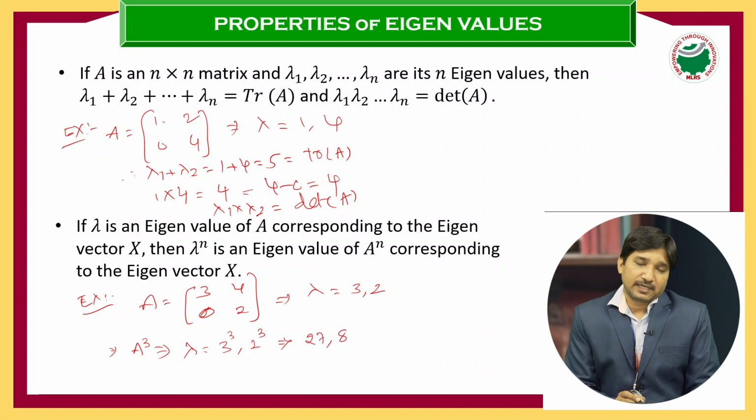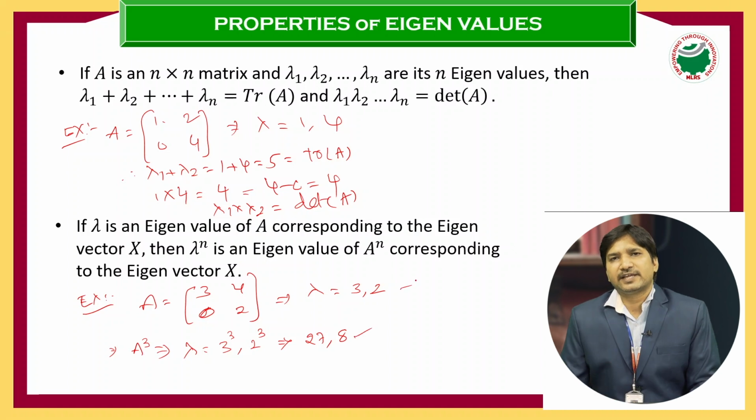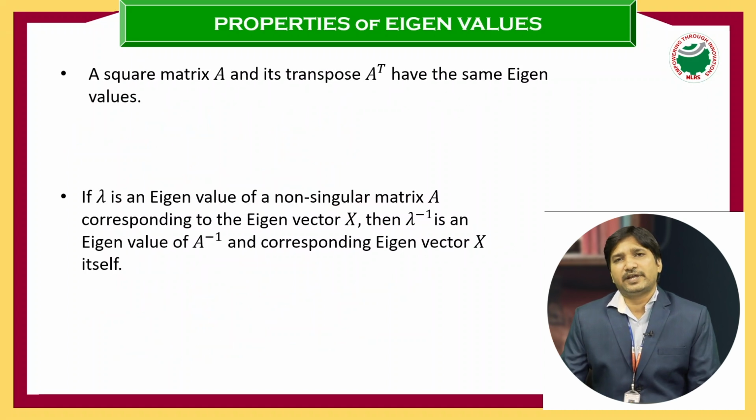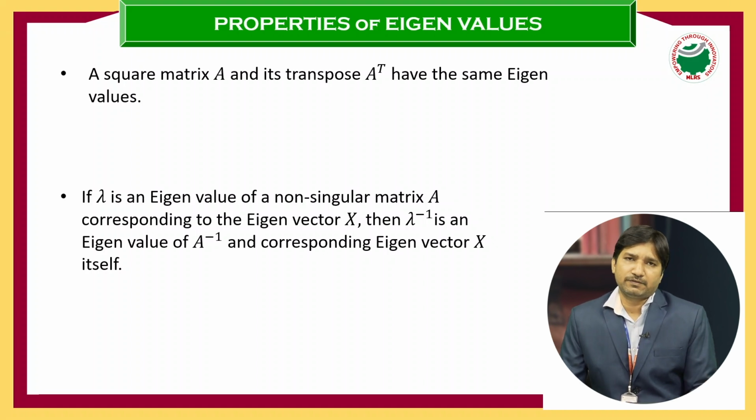So here the eigenvalues of the given matrix A are 2, 3. The eigenvalues of the matrix A cube are 8, 27. That is, lambda power n is the eigenvalue of the given matrix A power n. So we can also find the powers of the matrix and their eigenvalues. It is easy to find using the given properties.